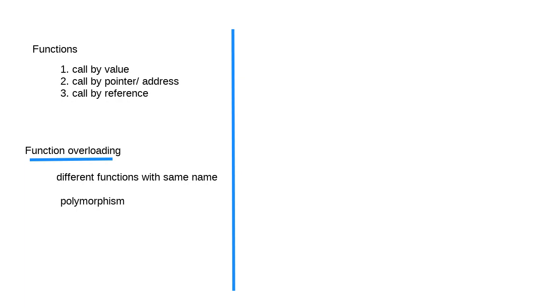Then I write another prototype in which I write void test and I'm passing two integers as parameters, right? So this will be the form of function overloading. Now I have two different functions. One is test with one argument and the other is test with two arguments, right?